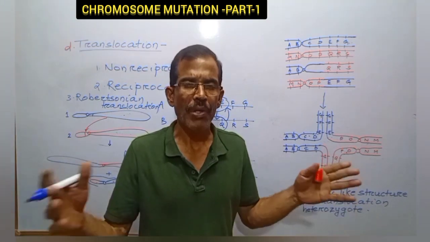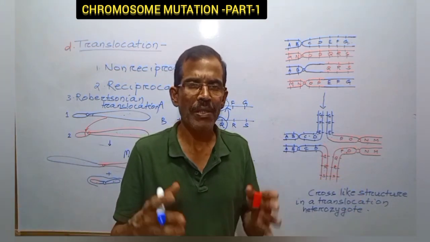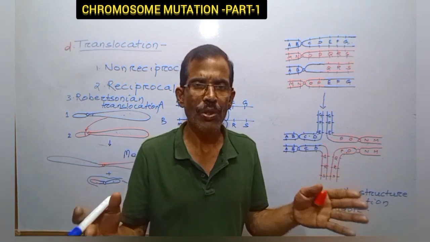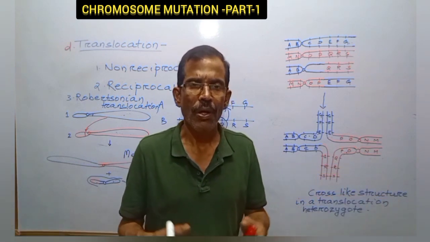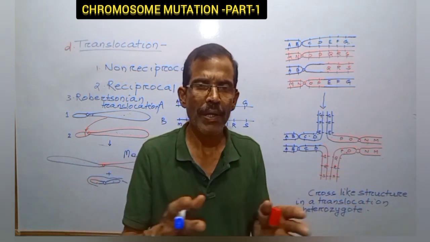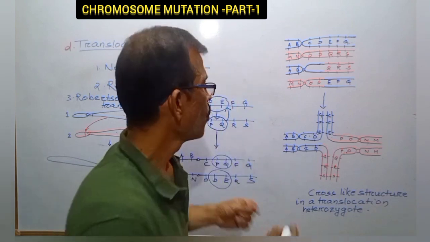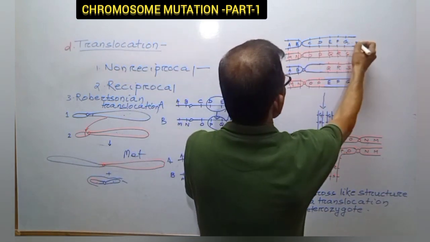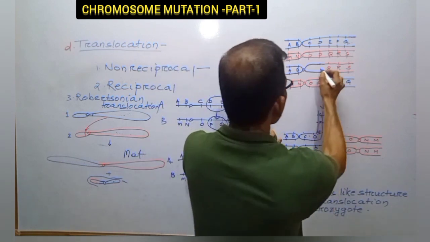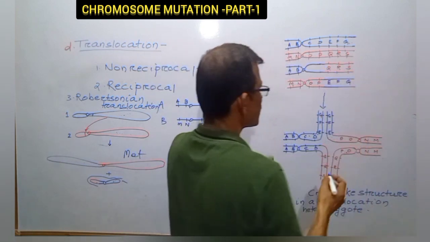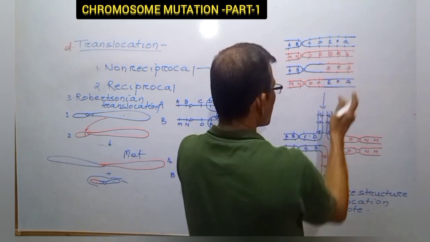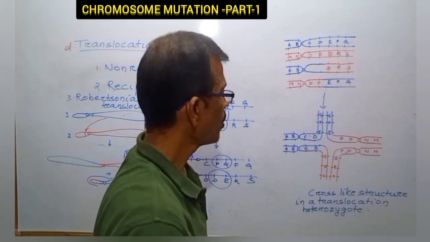The effect of translocation on chromosomal segregation in meiosis depends on the nature of the translocation. When the individual is heterozygous for a particular translocation, one copy of the chromosome will be normal and the other copy will have the translocated segment. Similarly, these two chromosomes also have the same relationship.